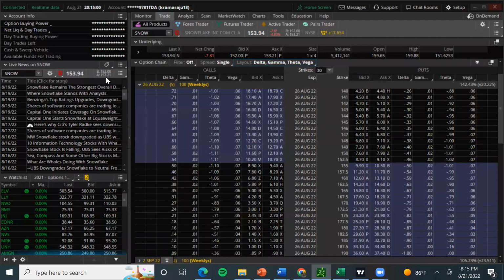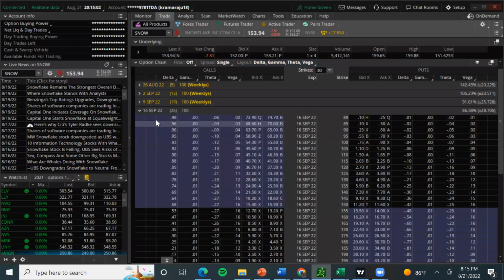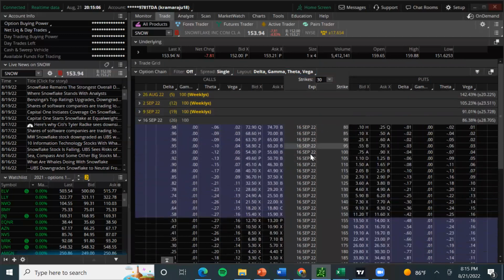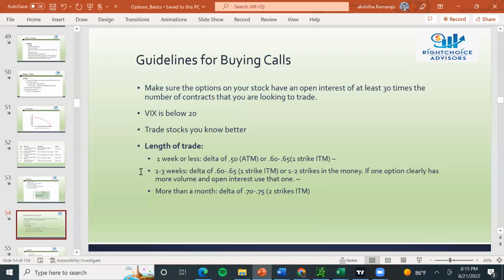If I am going with 16 September, 120 or 140 has nearly 75% chances of success, 69% chances of success. So based on the duration you have available for the expiry, we can go with these deltas for a better success rate or for taking low risk.